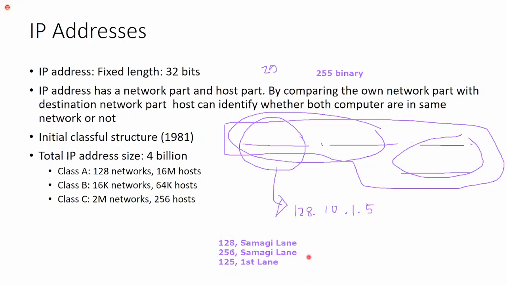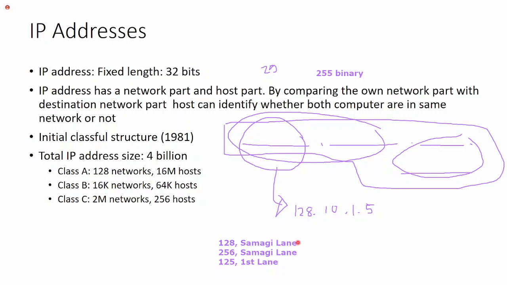So when you have this kind of address structure, when you look at these first two addresses, can you understand any similarity between the two houses? What is the similarity? Yes? Both are in the same lane, right?